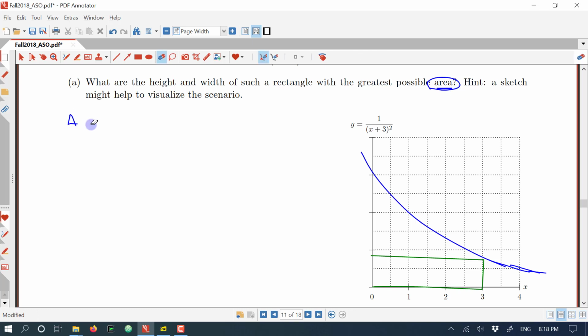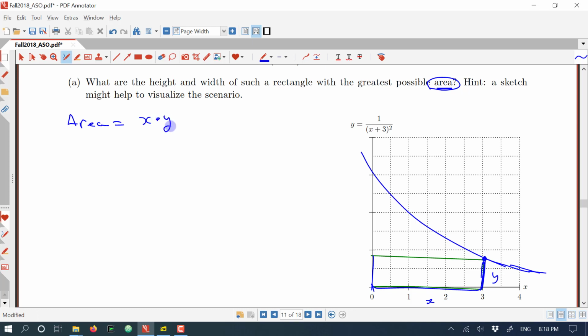We need a formula for the area of this specific rectangle, this green rectangle. What do we control in that rectangle? We control the x-coordinate, which is how wide that region is going to be. And then we control the height, which is defined by the y-coordinate on the graph.